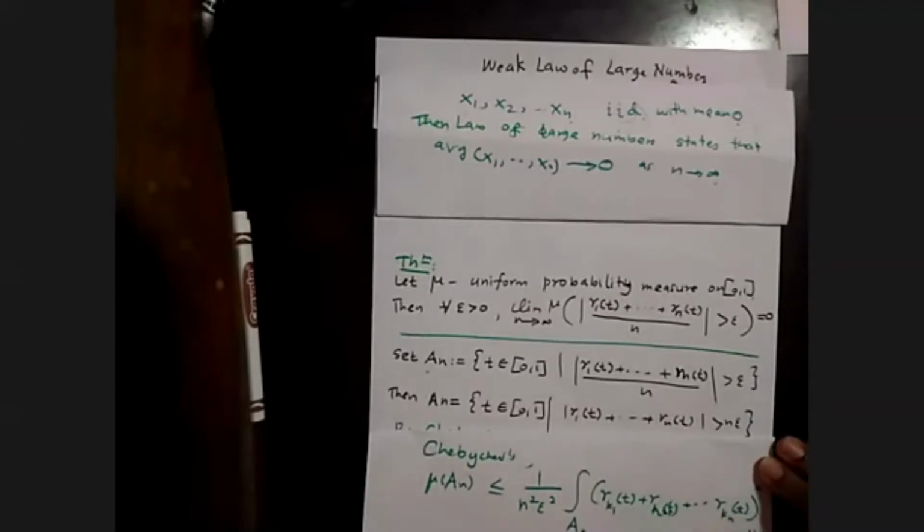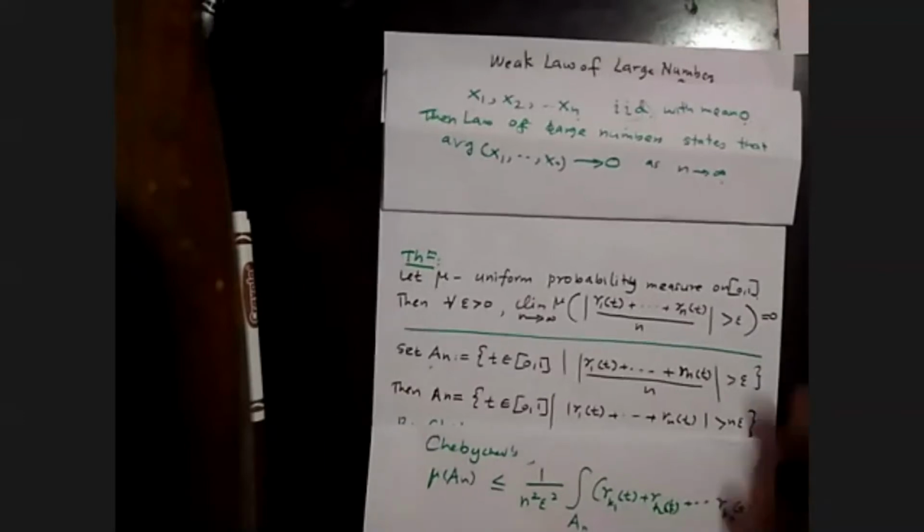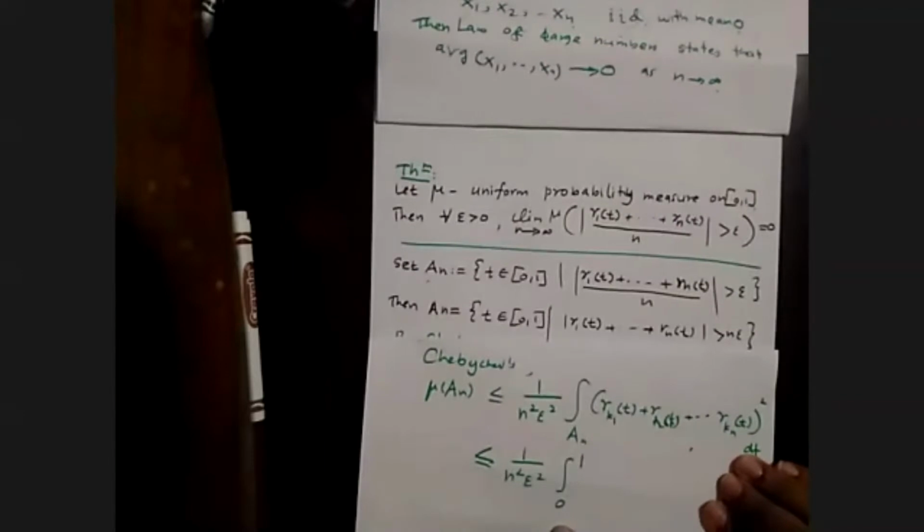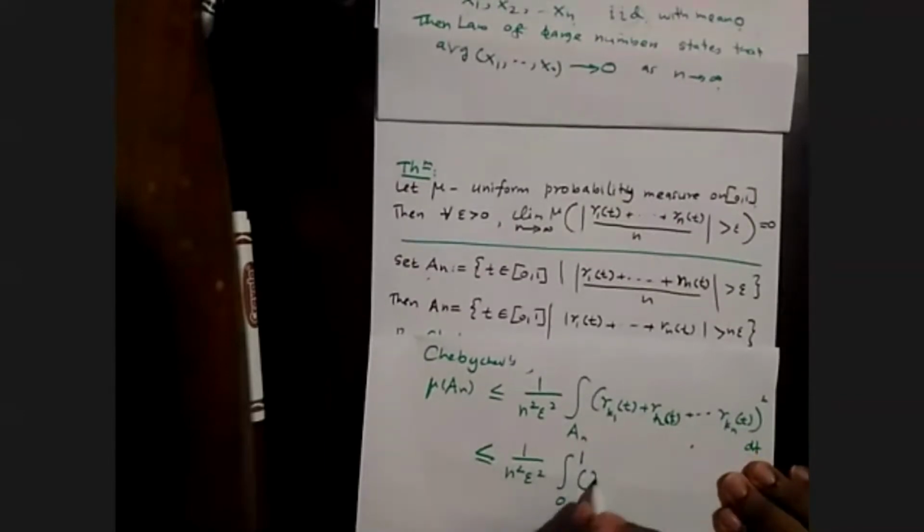And we know that this is less than or equal to 1 over n squared epsilon squared times the integral from 0 to 1, since A sub n is a subset of [0, 1], I can do that, of (r_k1(t) + ... + r_kn(t)) squared dt.